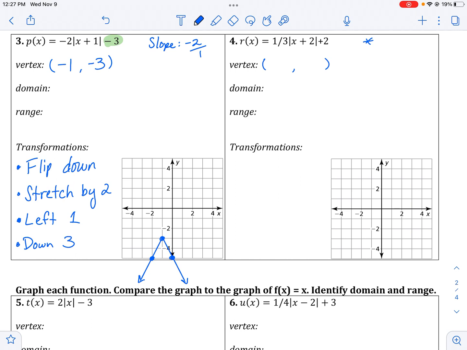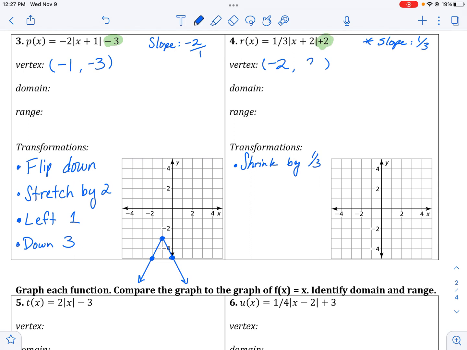Okay. Now that you've tried this one on your own, you should know that your slope is 1/3. If it's less than 1, that fraction means that it's going to shrink the graph by 1/3. It's going to be 1/3 of its original height. This plus 2 is really minus negative 2, so that's a negative 2.